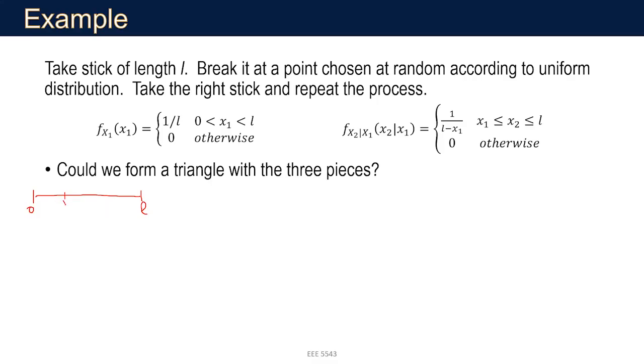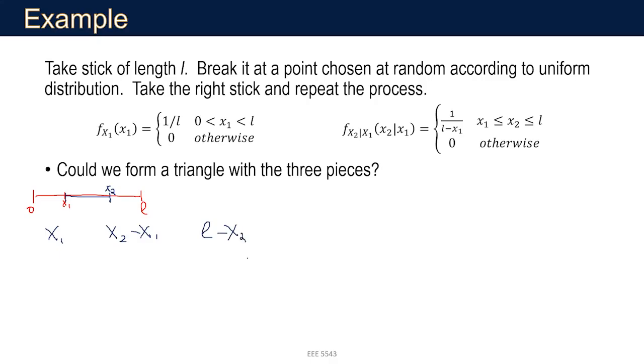Then from 0 to x1 is stick 1, from x1 to x2 is the second stick, and the third stick is from x2 to L. So the length of the first stick would be x1, the second stick would be x2 minus x1, and the third stick would be L minus x2.